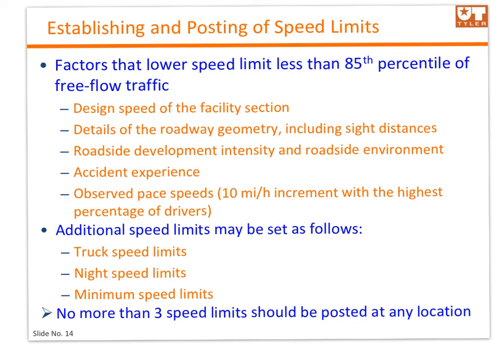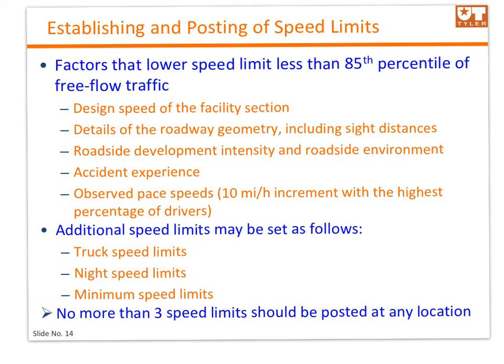Another point: while we're establishing and trying to post the speed limits, there are several factors that lower the speed limit below the 85th percentile of the free flow speed. Some of these factors are the design speed of the facility section. In some cases, this facility section has other requirements, such as geometric design restraints, that do not allow a speed higher than the 85th percentile, so we can drop it below the 85th percentile of the free flow traffic.